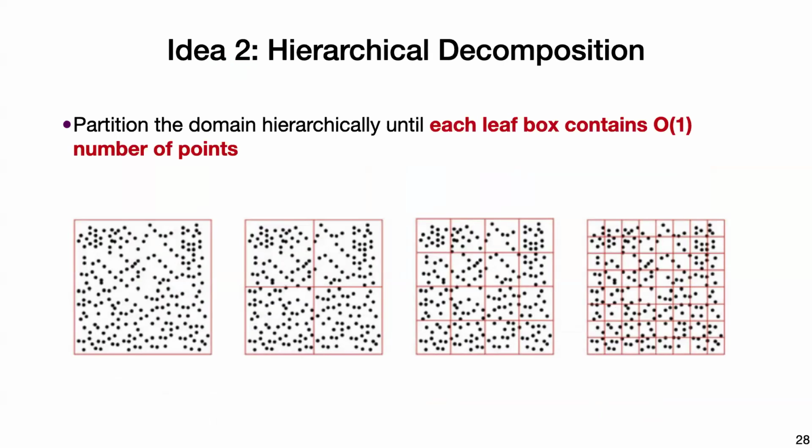So we have already talked about the hierarchical decomposition, but this is the second main step in the FMM, which is that you cut it in like the quadtree, such that when you get to the leaves, every leaf contains order 1 number of points. And this is, of course, height log n if your points are evenly distributed.